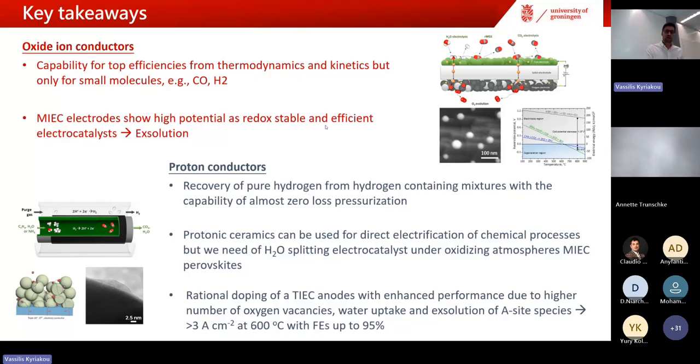We need the MIEC electrodes there as well, because at these high temperatures and with such high complexity, this is the best thing that we can do. And then there are the upcoming protonic conductors at lower readiness levels, which also have their own potential because they can unlock this intriguing area for electrochemistry, which is the intermediate temperature range.